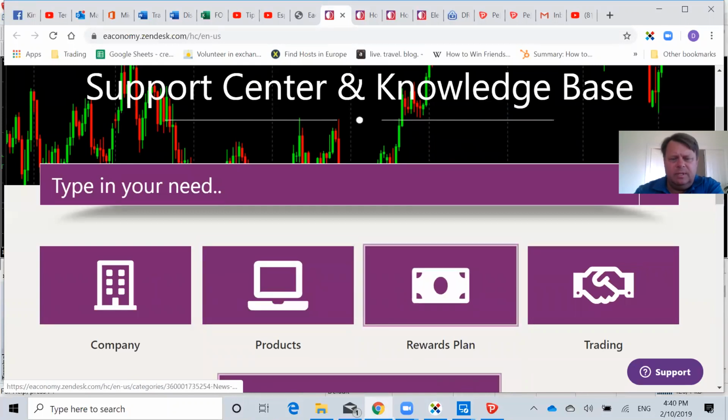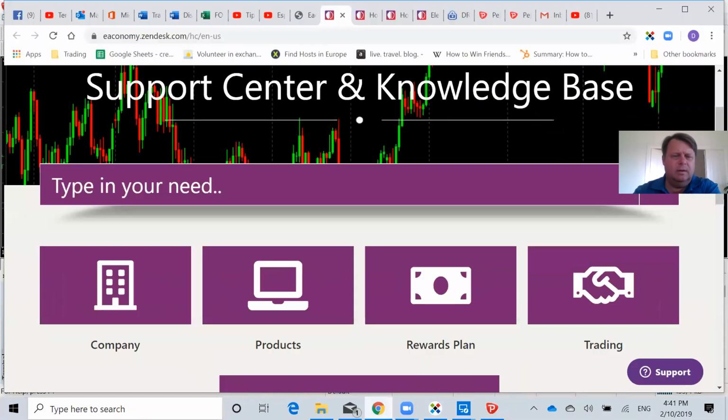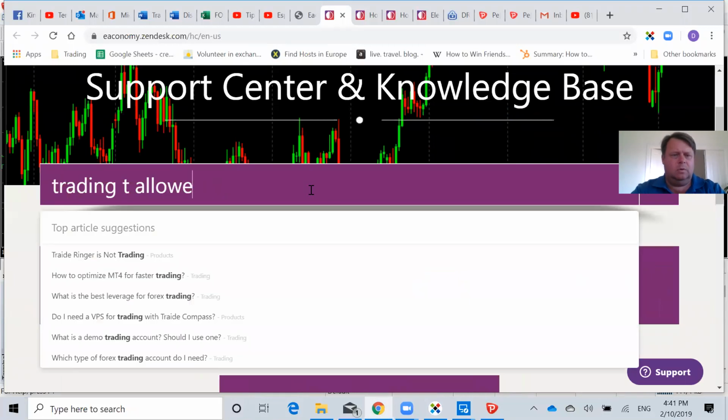And what was our error message? Well, it's not even an error message. It just simply says trading not allowed. So type that in. Trading not allowed. Trade ringer is not trading.